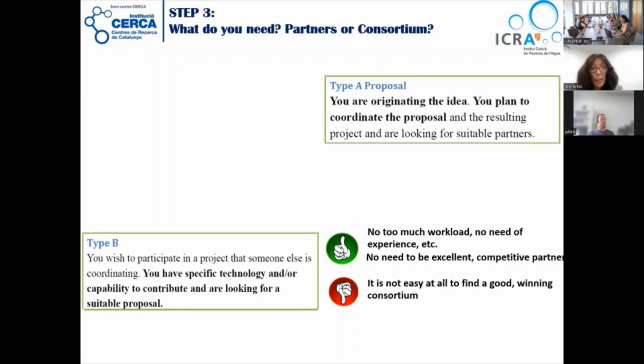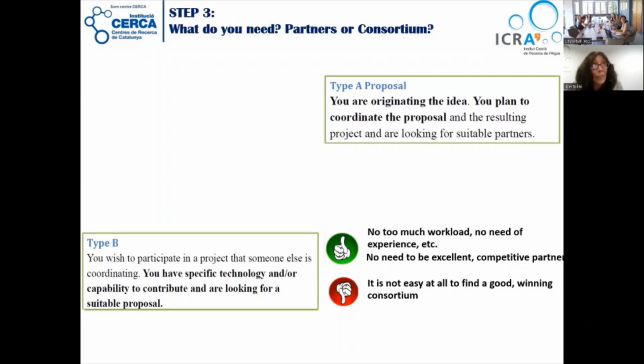For each call that is launched, there are a lot of people getting together to create consortium, of course. And if you are new in this business, it's hard, it's not easy to understand which consortium is the best.